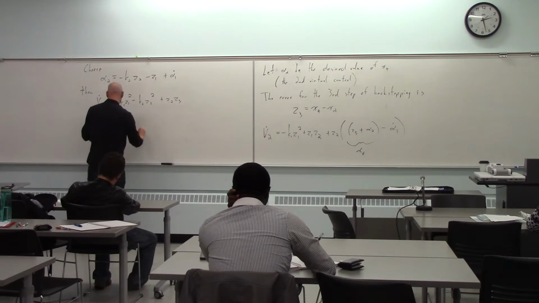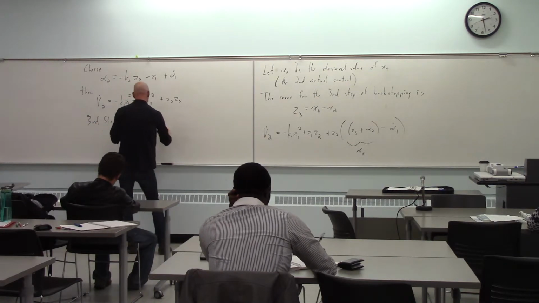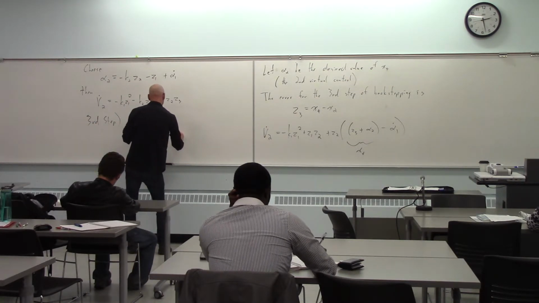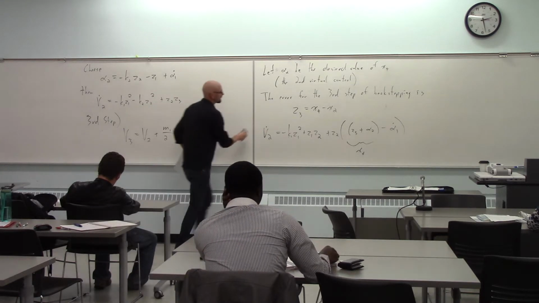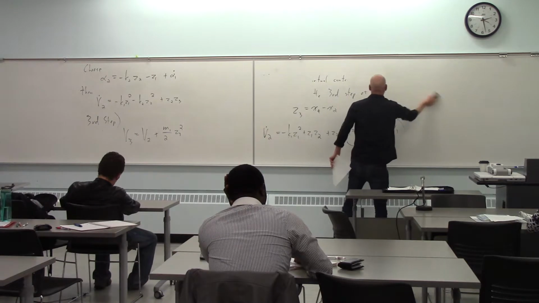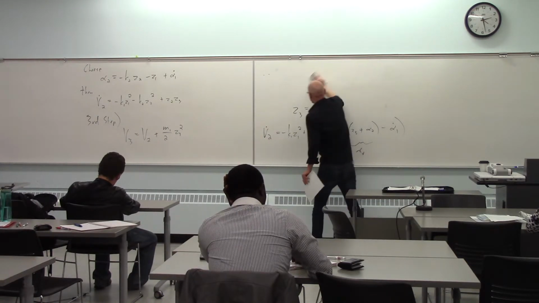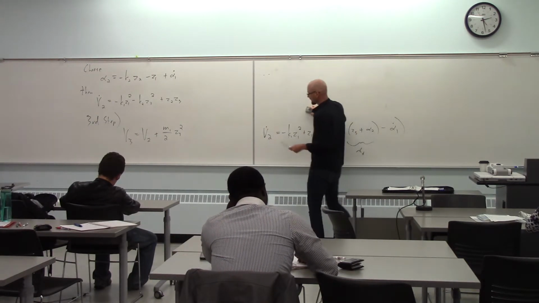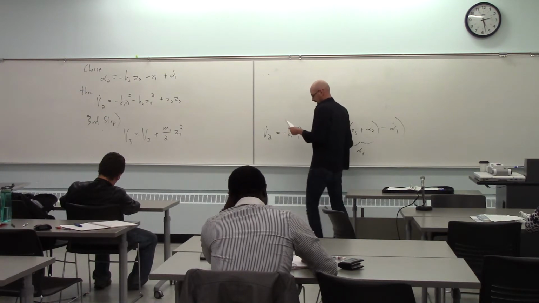So v3 will be v2 plus m1 over 2 z3 squared. And I'm just going to do the exact same thing in this step of backstepping that I did in my previous step of backstepping.